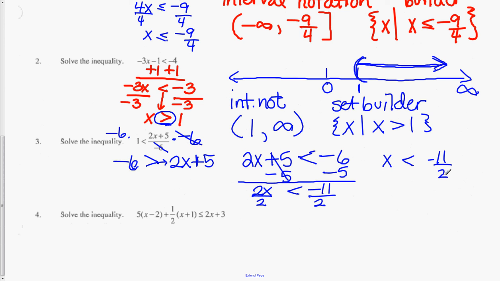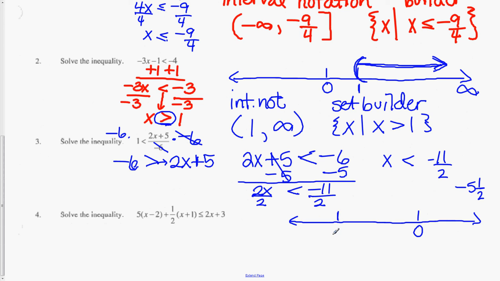All right, so on this one, if we're going to write the interval notation, I want to draw my graph first. Let's put 0 up here because we want to have a negative number. -11 over 2 is the same thing as -5.5, if I were thinking about a mixed number sometimes, or divide that out in a calculator and get -5.5. So that's going to be somewhere down here.